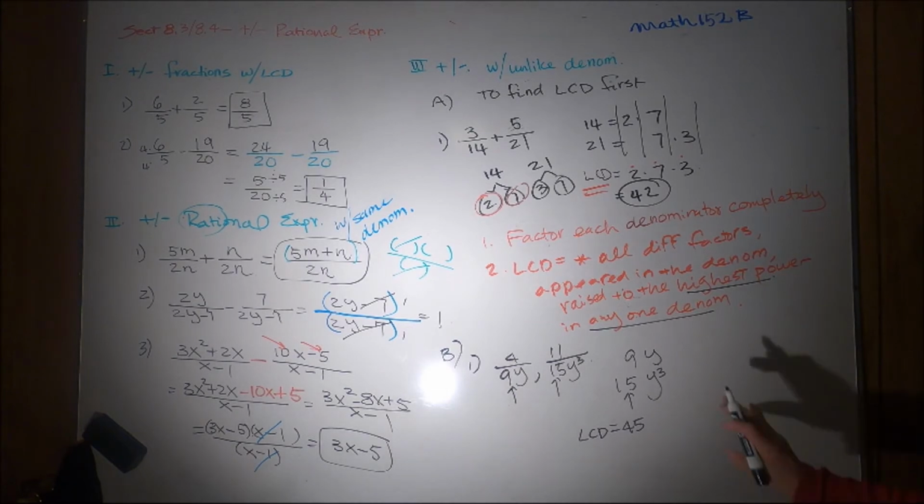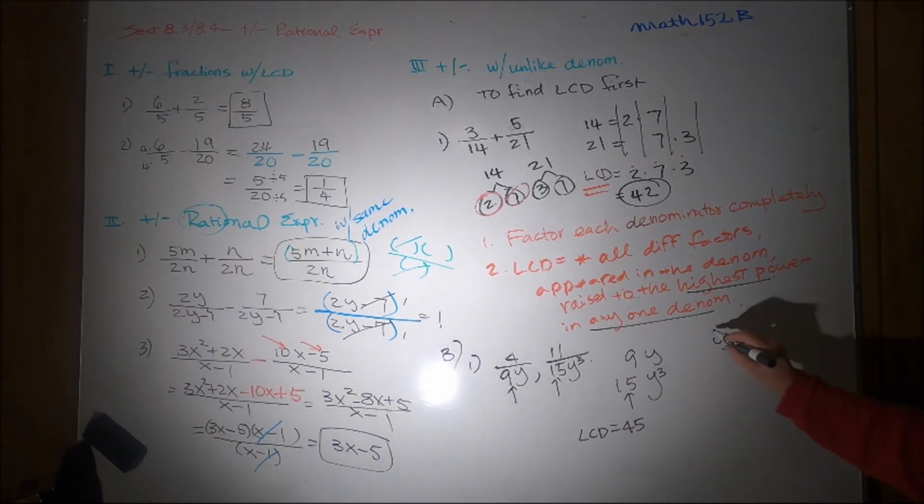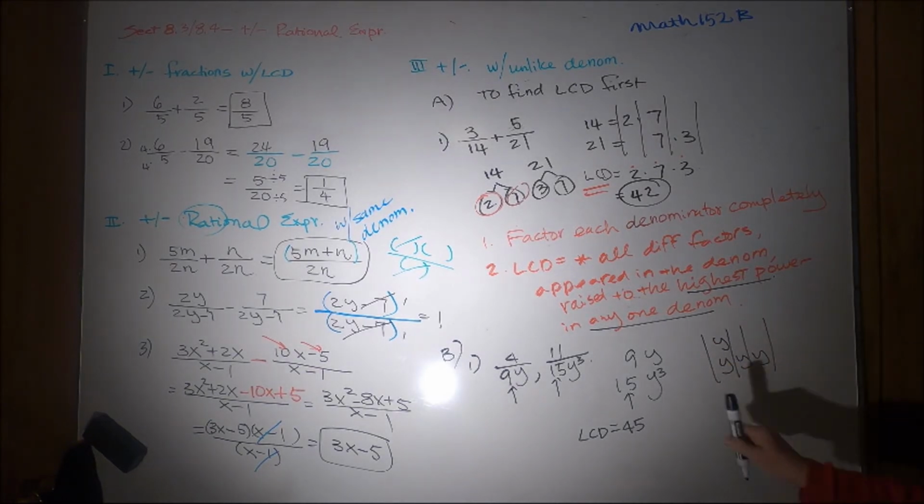Okay? For y and y cubed, y means what? y itself. y cubed means what? y times itself, 3 times. So you need all of them for the LCD.